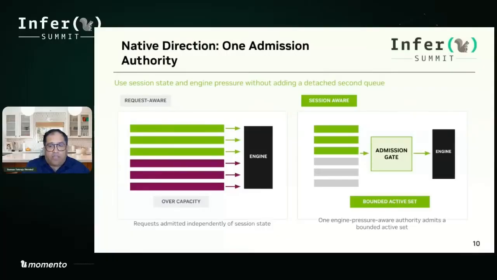This is an improvement that we are going to get, so that we have one single admission gate, which is both session and request aware. And then it will schedule a bounded active set for the engine. This is something the team is currently actively developing. The previous parts, session identity, tracing, and replay, are already done and available.